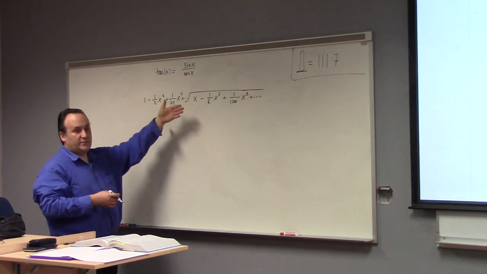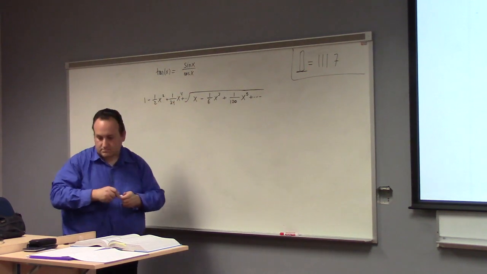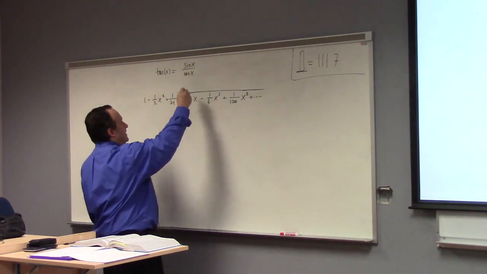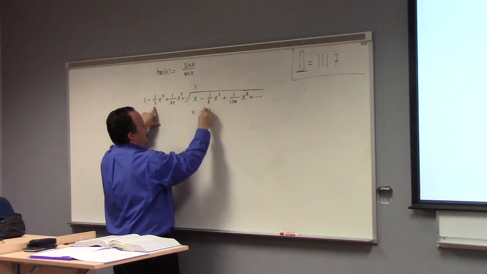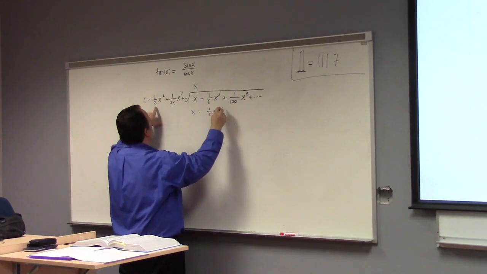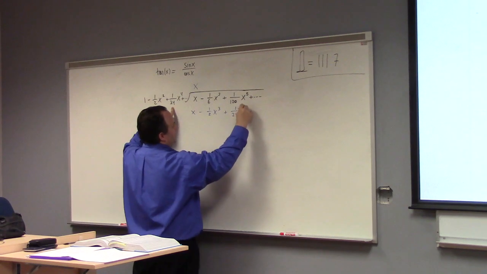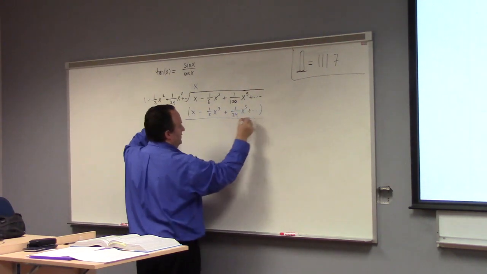What's my first term? What do I have to put here? I need to put an x, right? So I've got x. And then I do x times this. That gives me x minus 1/2 x cubed plus 1 over 24 x to the 5th plus dot dot dot. Now I have to subtract, right?